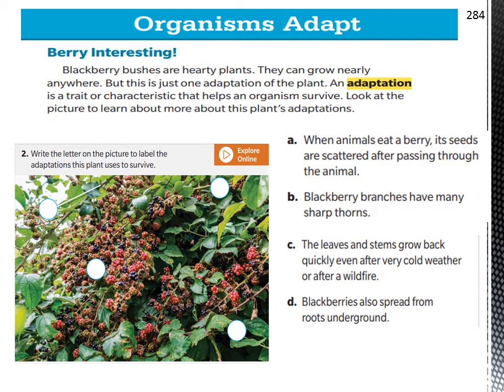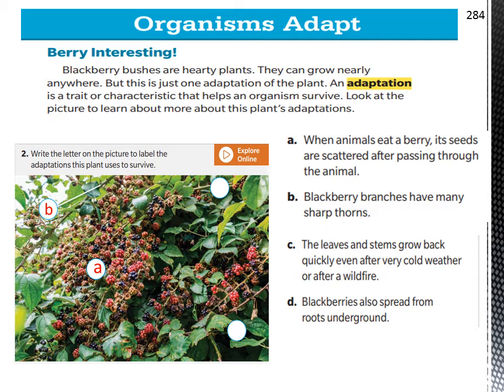Where do you think I should put letter A? When animals eat a berry, its seeds are scattered after passing through the animals. Excellent. B. Blackberry branches have many sharp thorns. I'll give you time to think.